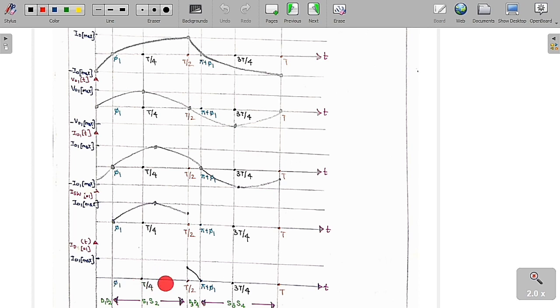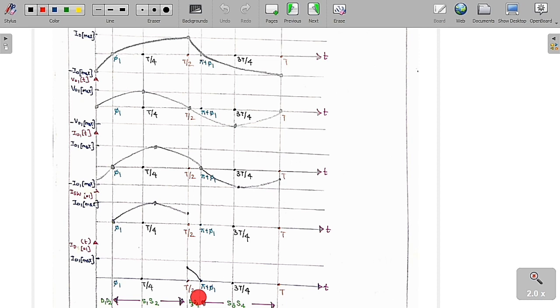In the remaining region, S1 is not conducting, so its fundamental current will be equal to 0. But only in this region, the fundamental component of the output current is equal to the fundamental component of the switch current. So it is going to follow the fundamental output current in this range.